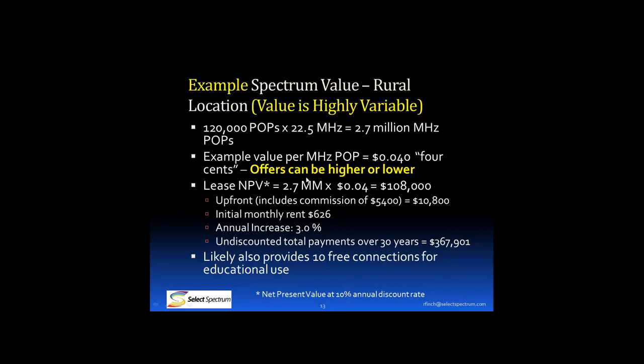But we do have a spreadsheet that we will apply and provide an evaluation. It's based on a 10% overall discount rate. So future payments are valued at less than current payments. And that's why the total payments, even though we're saying it's $108,000 total net present value, the total payments are almost $368,000 over a full 30 years.